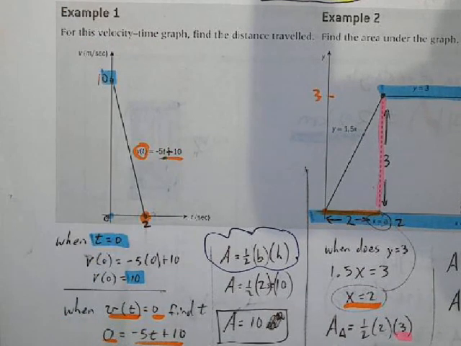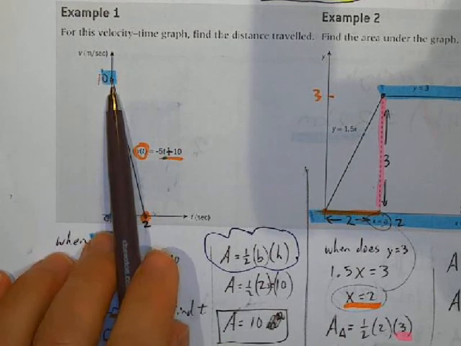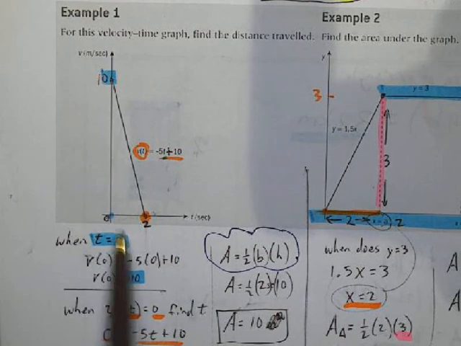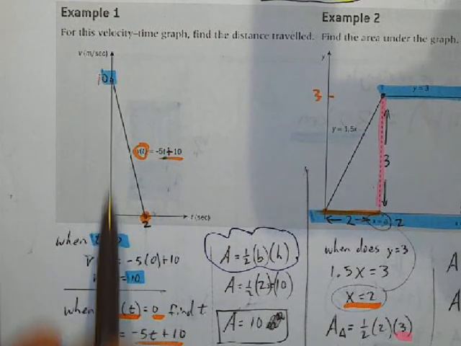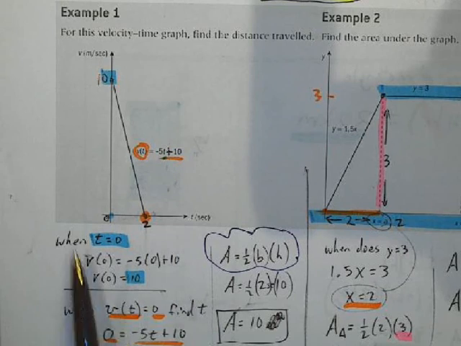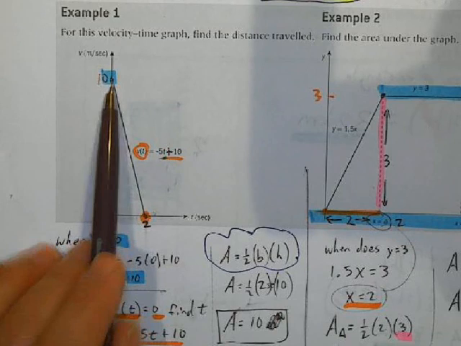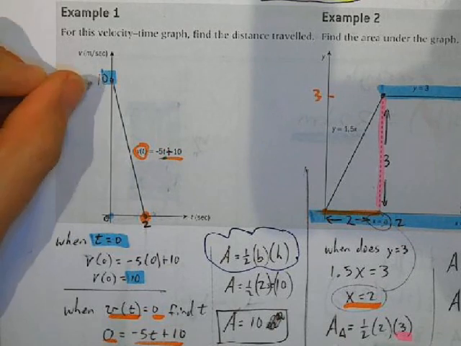To figure out this blue one, when time is 0, we're here on the y-axis. So if I plug in 0 for the time, I end up with negative 5 times 0 plus 10. So I know that the y-intercept, when t is 0, is going to be 10. So this coordinate is going to be (0, 10).